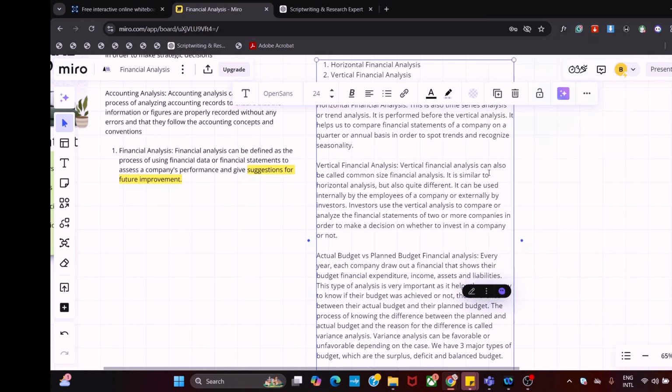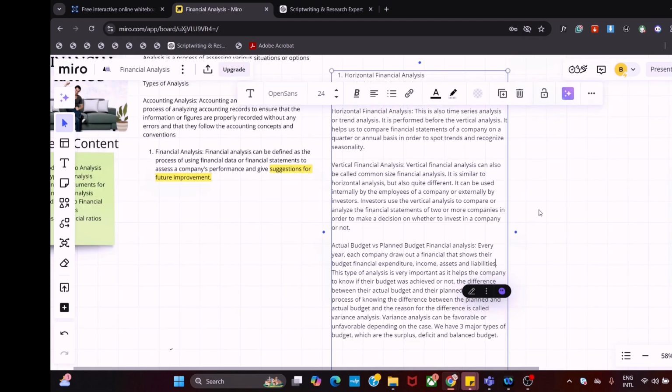So this note is simply explaining everything I've talked about when explaining planned budgets versus actual budgets. Like I said, every year each company draws out a financial plan that shows their budgeted financial expenditure, income, assets, and liabilities.